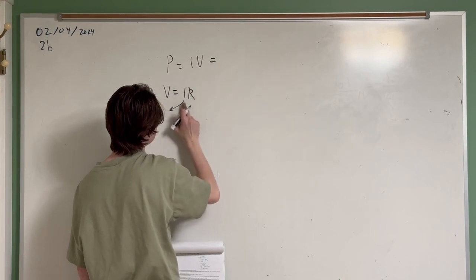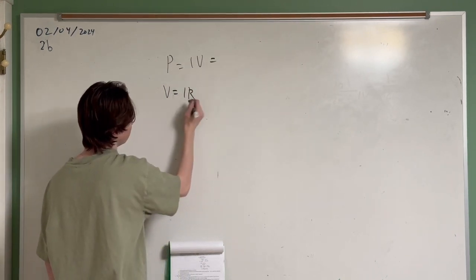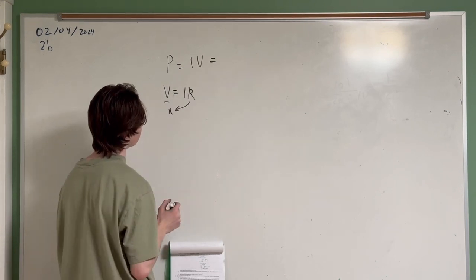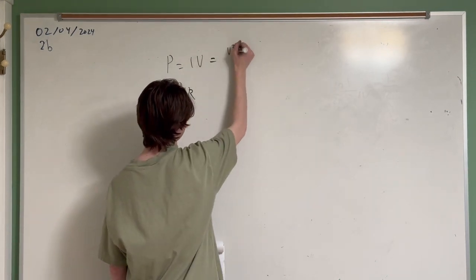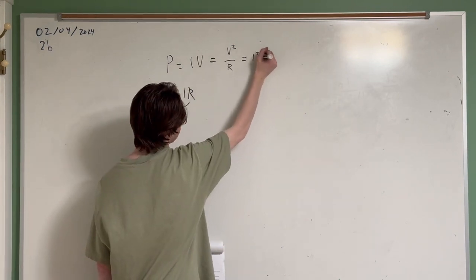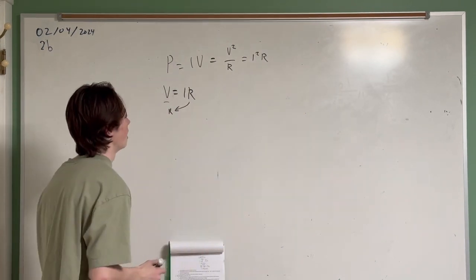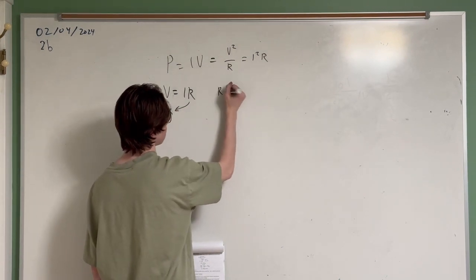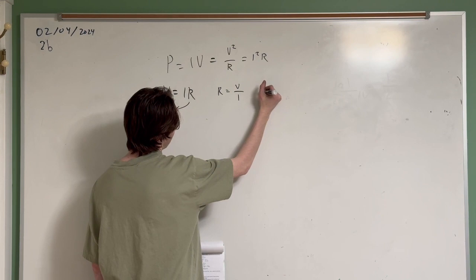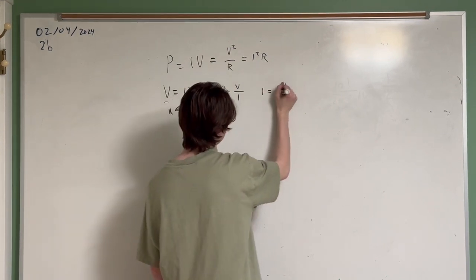If we substitute V over R into I, then we have V squared over R. If we do the other way around, we have I squared times R. And then we can also move this equation around. So resistance is equal to voltage over current. Current equals voltage over resistance.